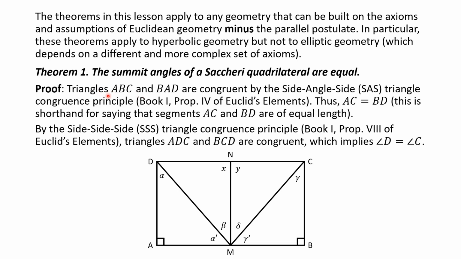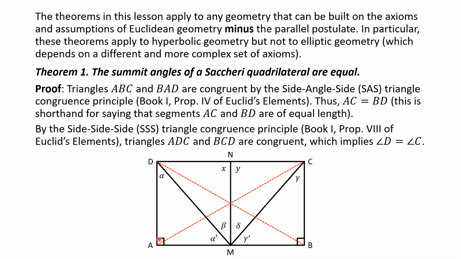So let's look at this first one here. We have triangle ABC, and we have triangle BAD. If you notice, ABC has an angle here, which is 90 degrees. It has a side, and it has a base, AB. And then BAD has the same angle here, 90 degrees.